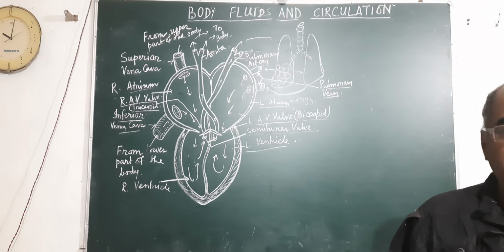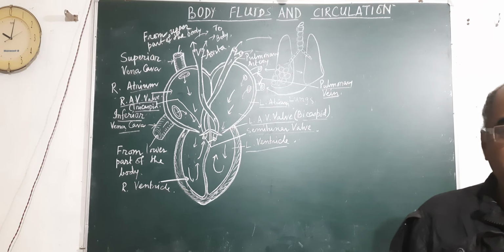Then double circulation. About double circulation I will try to explain on the blackboard also. I will take the help of the blackboard, it will be helpful for you. Then the lymphatic system. Up to this today I will try to explain. So now let us start the body fluids and circulation.